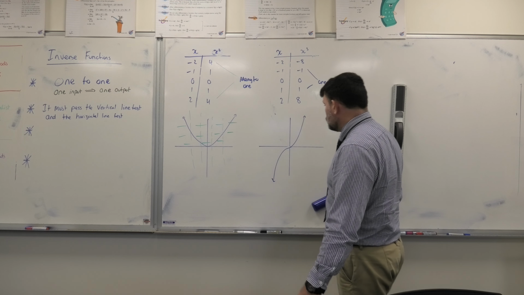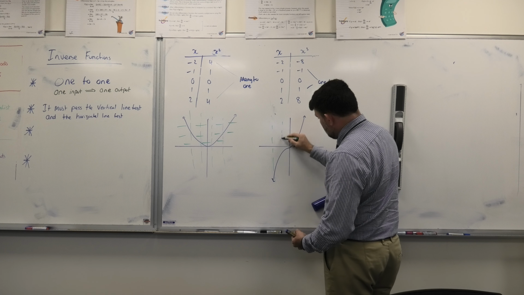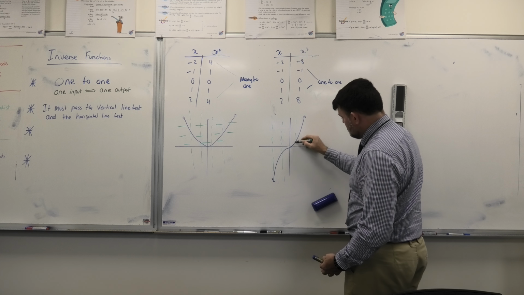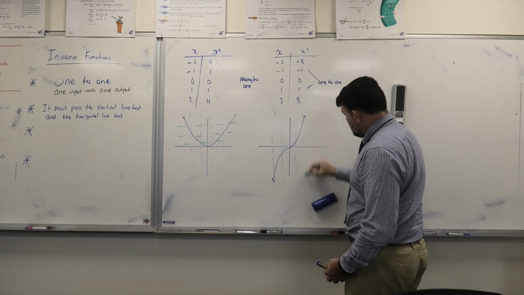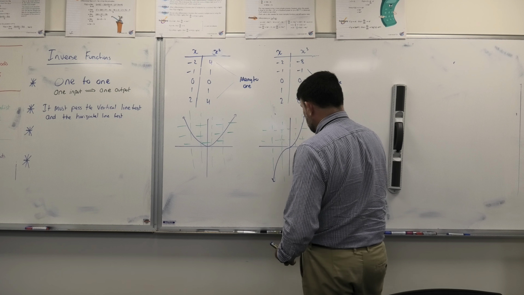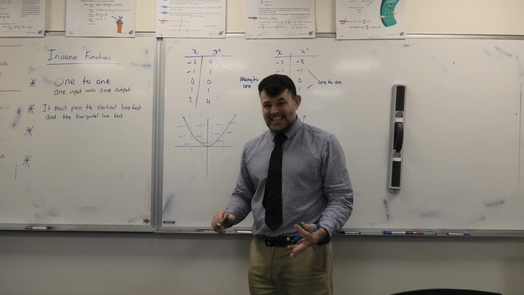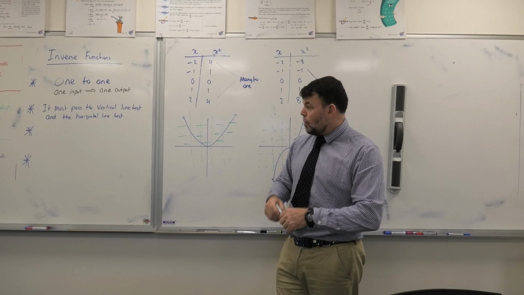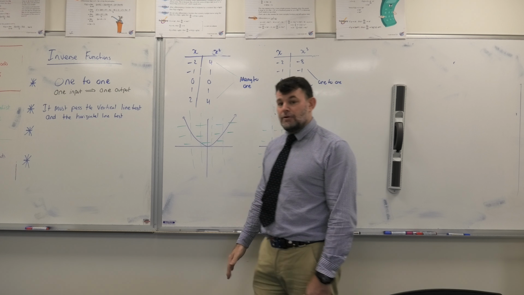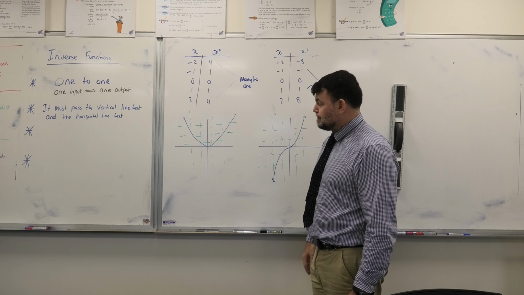However, when we come to x cubed, we can see that it passes the vertical line test, and just as much, it passes the horizontal line test. So for an inverse function to be considered inverse, it's got to pass the vertical line test and it must pass the horizontal line test.